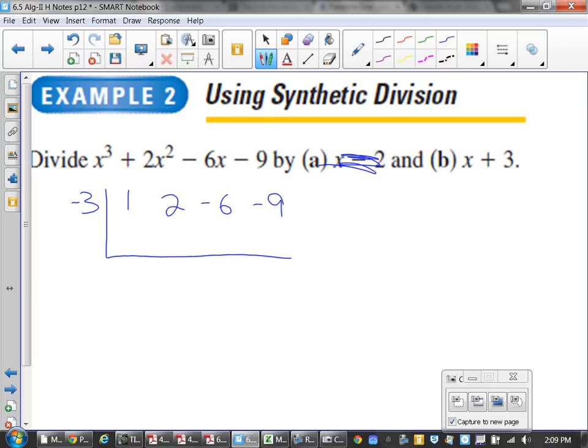I'm going to use synthetic division with that. As I go through that, same process. Drop the 1, multiply, add, multiply, add, multiply, add. Notice how I get a 0 at the end. That confirms -3 is a 0 of this function.